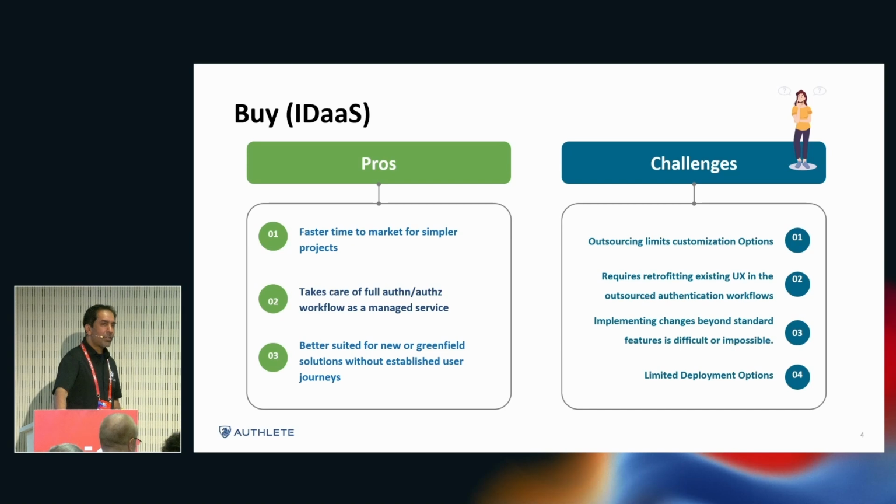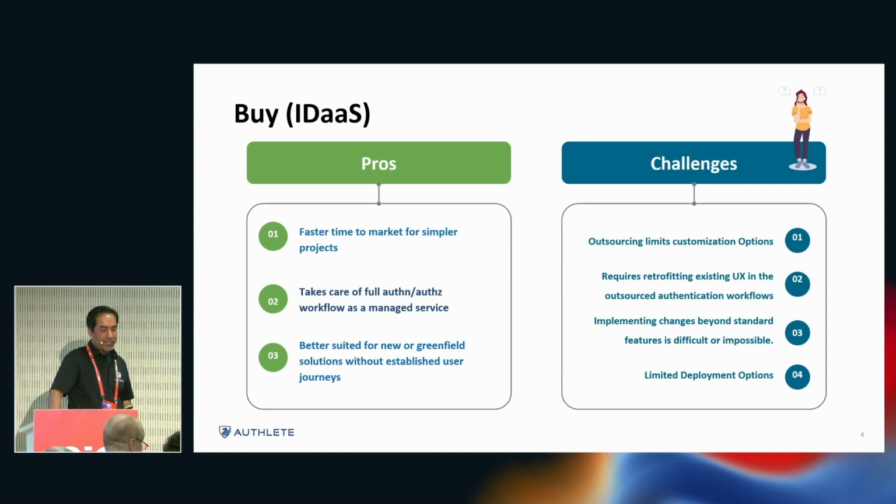So let's do another review. If you buy a service, the pros are faster time to market. Of course, you get a managed service out of the box. It takes care of all of your authorization workflows. And it's better suited actually for a new or greenfield solution without established user journeys. The challenge, of course, is that outsourcing limits customized options. We all know that now.